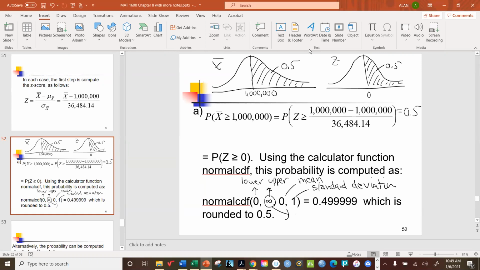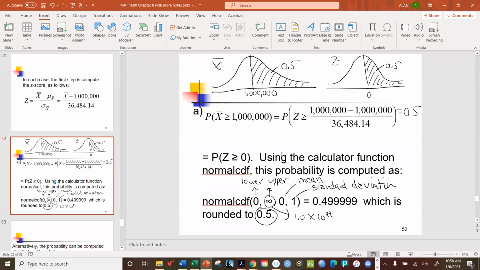We're representing that as 1.0 times 10 to the 99th, which is an enormous number, but it's not infinity. So the calculator is going to give you a number which is ever so slightly different from the true value, which is a half. So don't worry about it. You can just round it to 0.5. But this is what's going on behind the scenes. There's no actual infinity in the calculator. This is a huge number, but it still misses something at the extreme tail. And so therefore we can simply round it to 0.5.